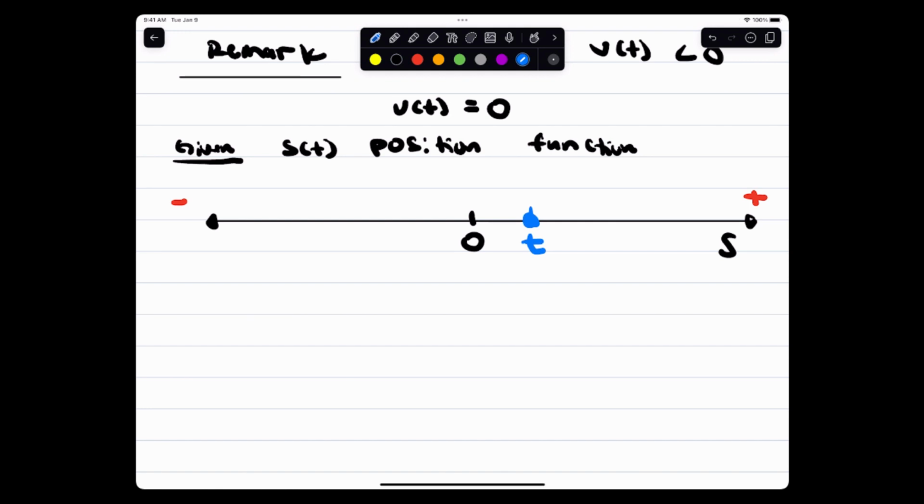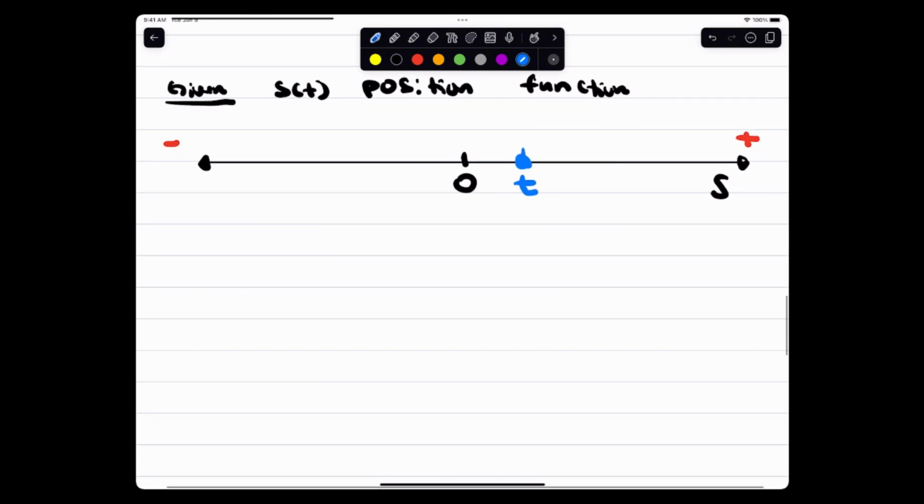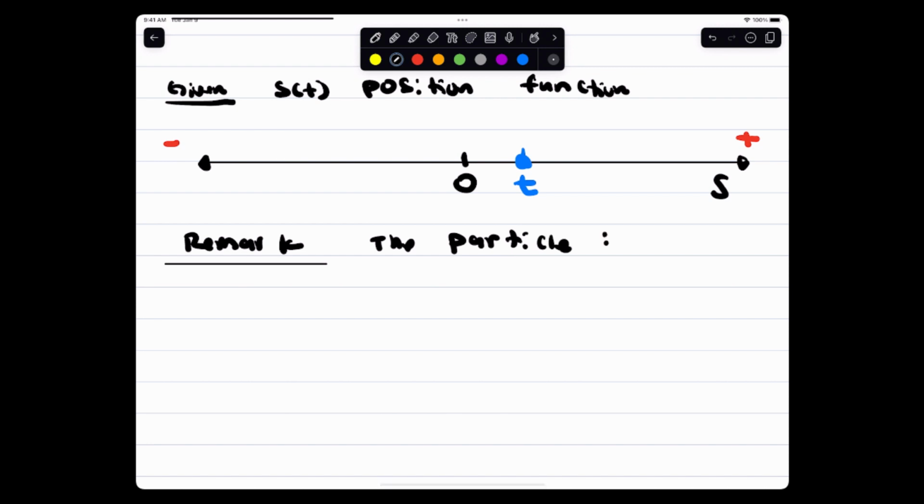And your particle can do a few things here. I'm giving you some remarks. The particle is going to be doing one of 3 things. The particle will be moving to the right.